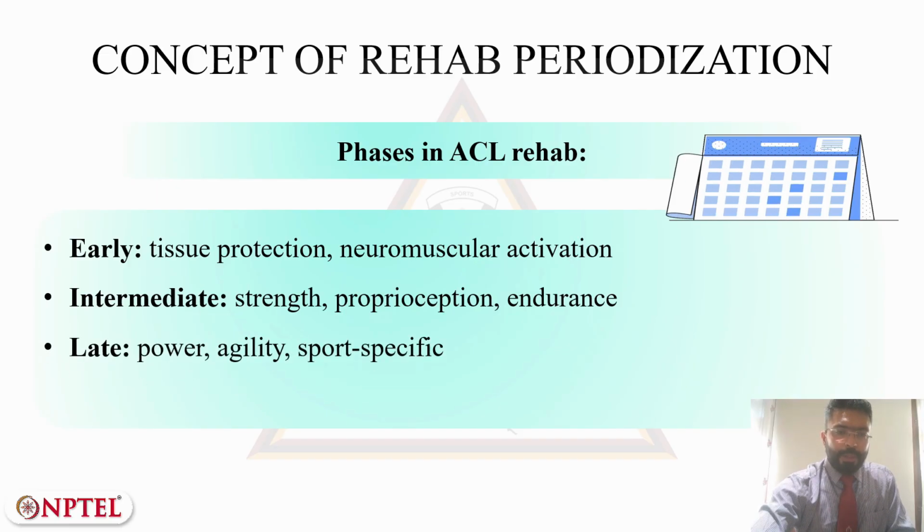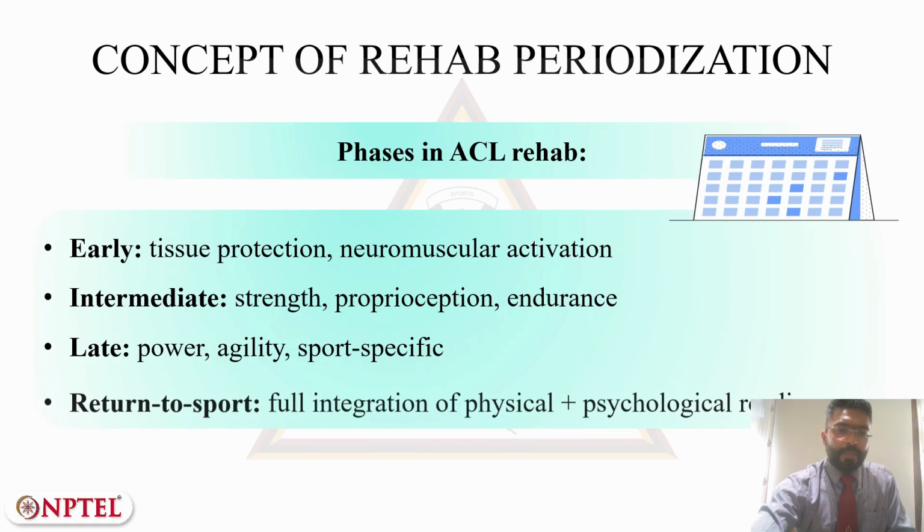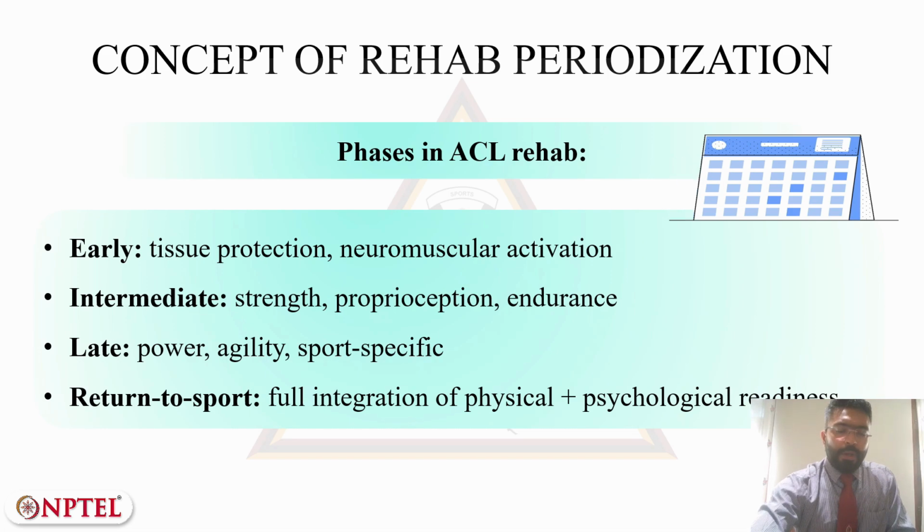In the late phase of rehabilitation, sport-specific tasks such as power, agility, and reaction time are practiced. While returning to sport, full integration of physical qualities and psychological readiness is incorporated.